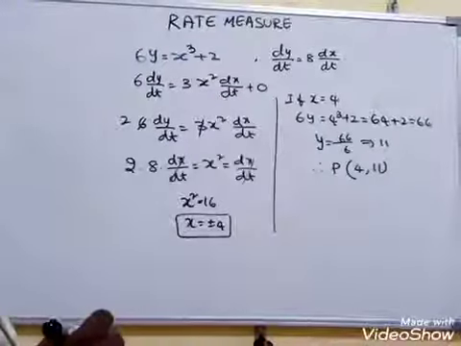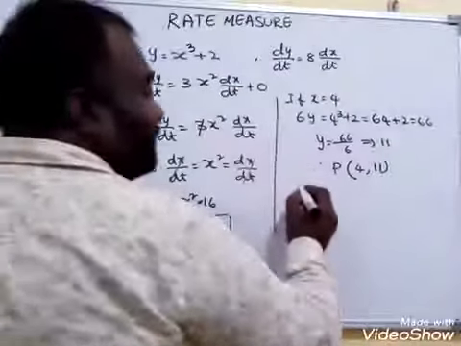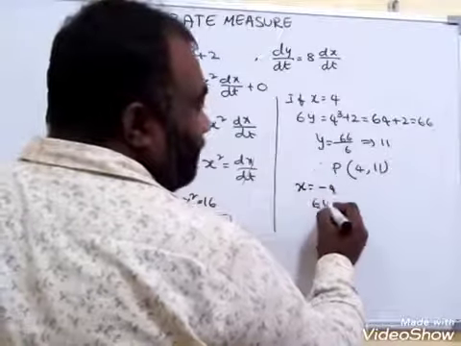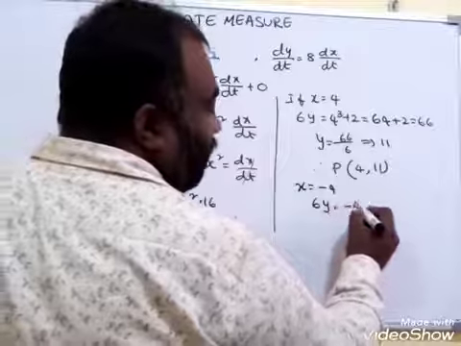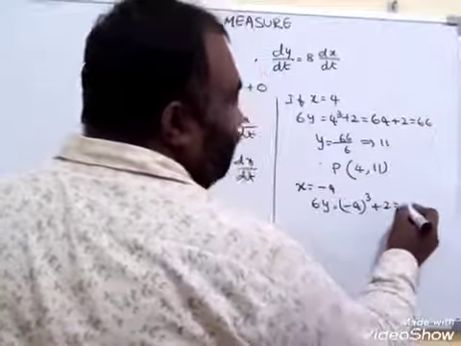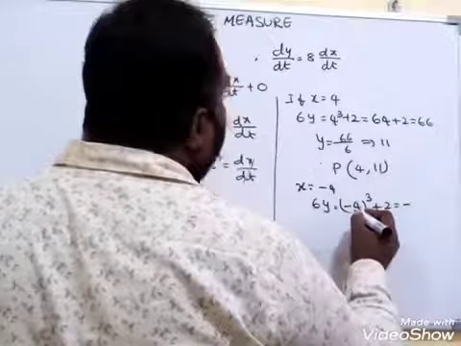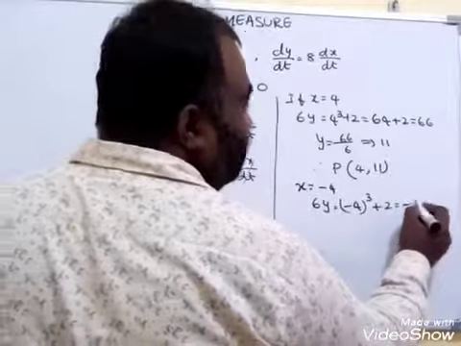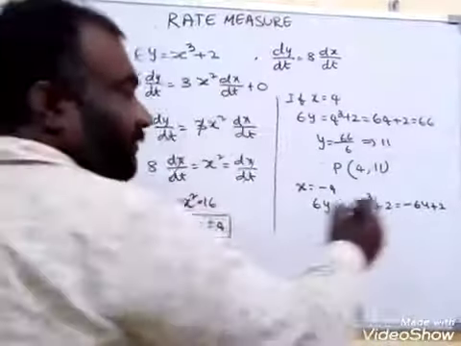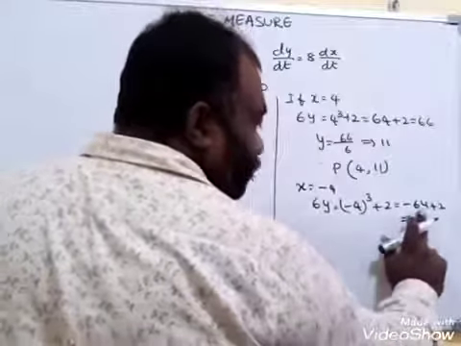Another condition is also there. Now x is equal to plus or minus 4. I am taking x is equal to minus 4. Then 6y is equal to minus 4 whole cube plus 2. Minus 4 whole cube means minus 64 plus 2, which is minus 62.